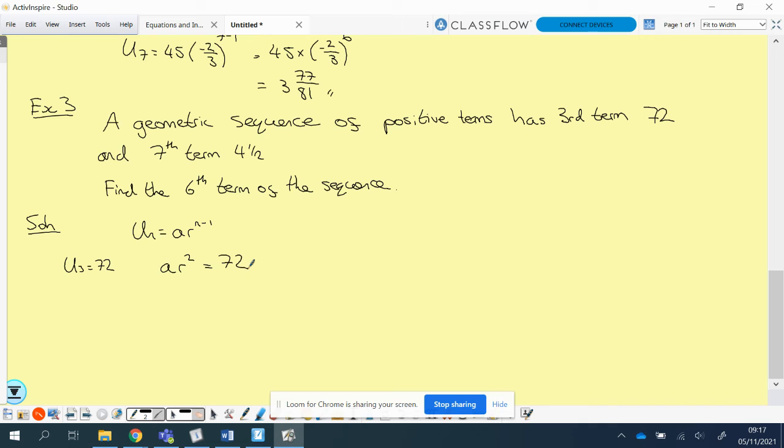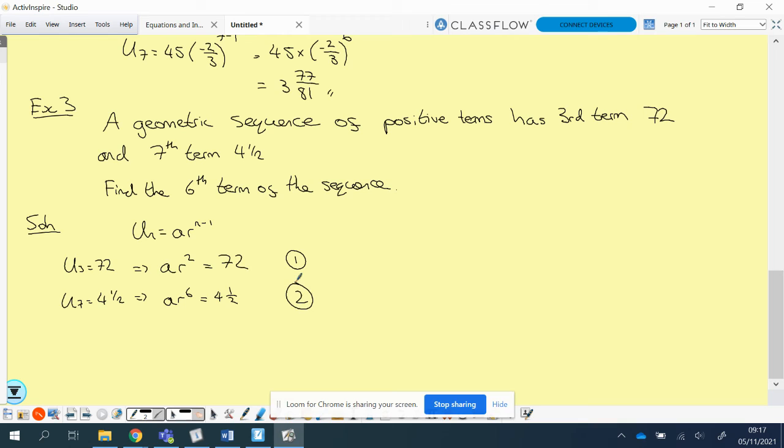If I then go to the seventh term, which is 4 1/2, then that's telling me that A R to the power 6 was 4 1/2. I'm going to call that equation 1 and that equation 2. So those are my 2 equations that at least I do know.